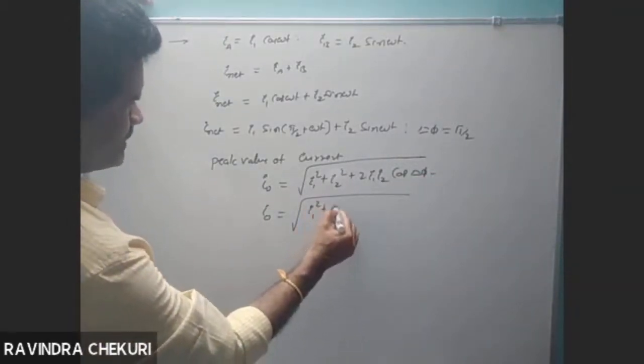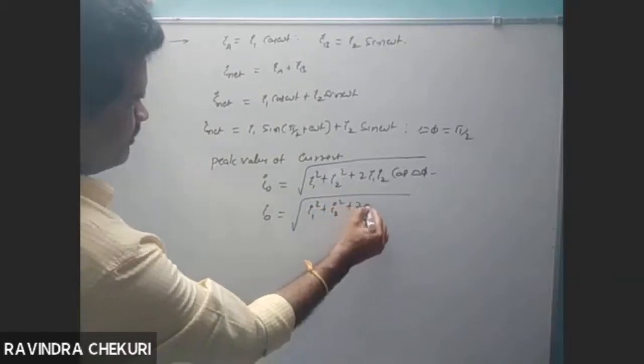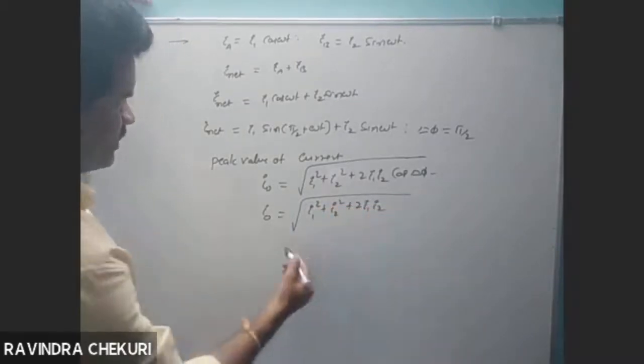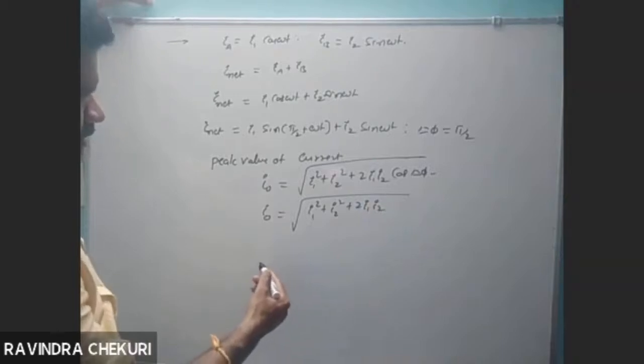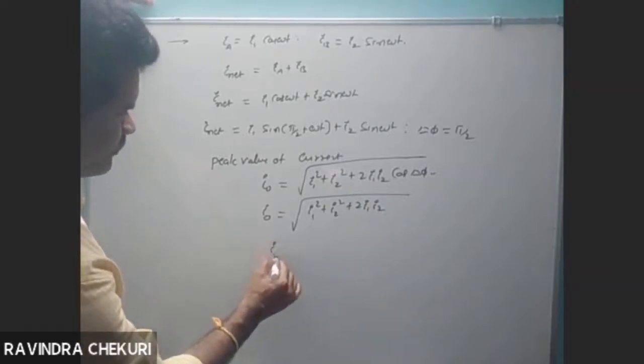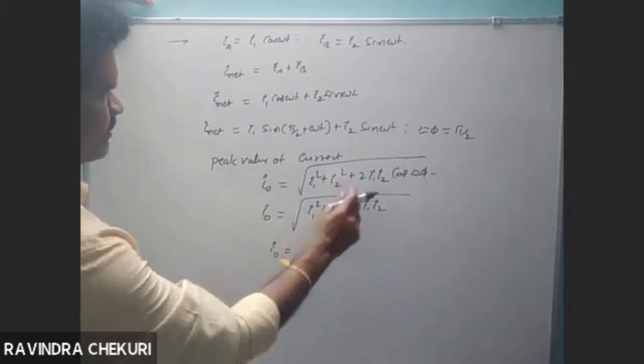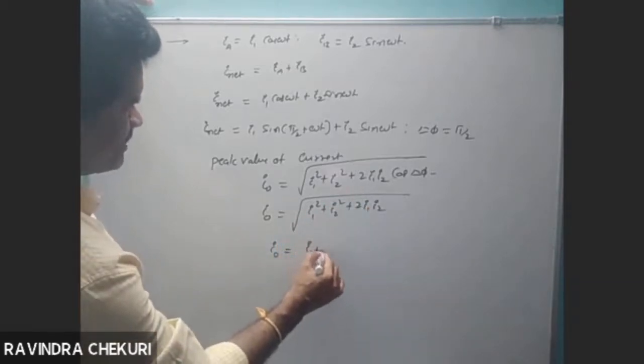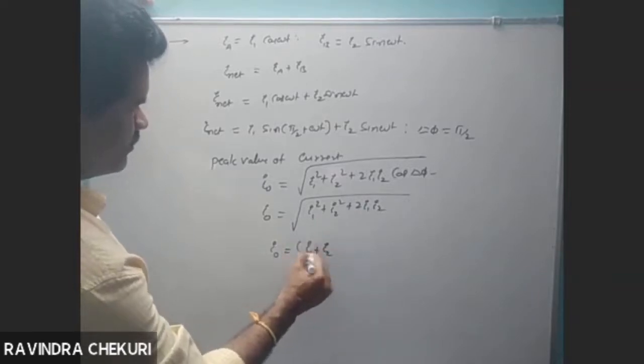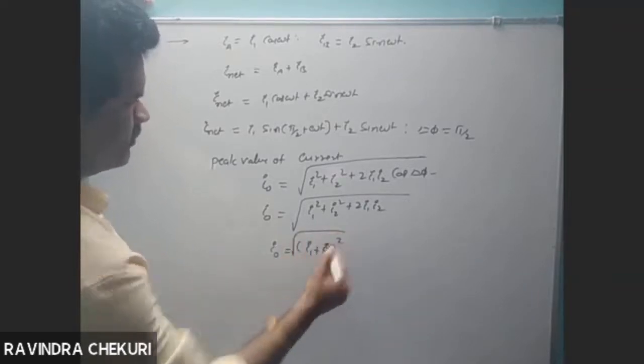So what is the final value? I1 square plus I2 square plus 2 I1 I2. This is A square plus B square plus 2AB, which is A plus B whole square. So I1 plus I2 whole square under root.